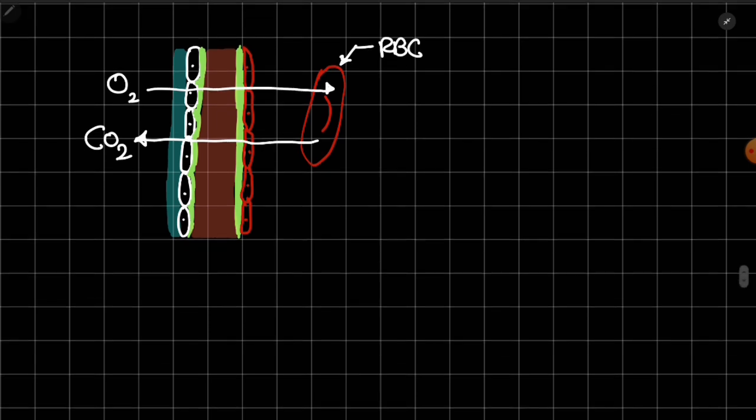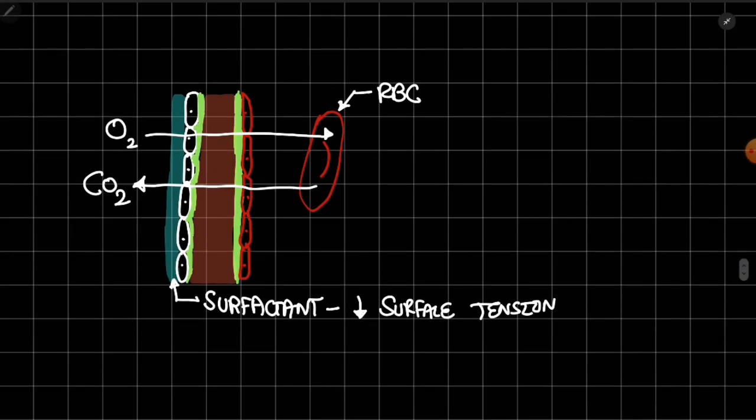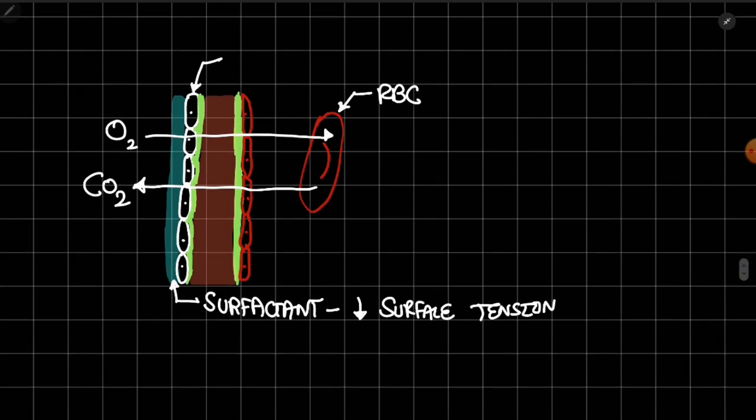Now what are these layers? The colorful structure, these layers. The first layer, which is at the atmosphere, is the surfactant layer. And you very well know surfactant lowers the surface tension. Now what is this layer? This is the alveolar epithelium.